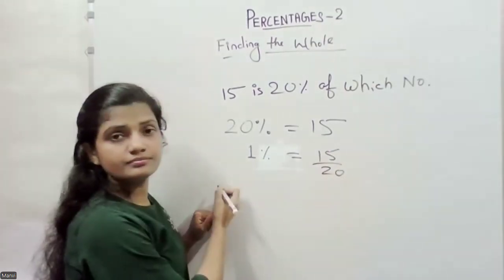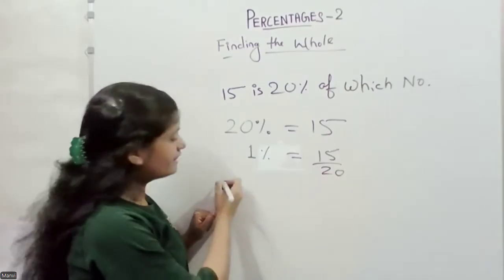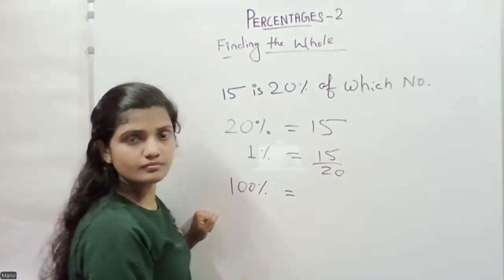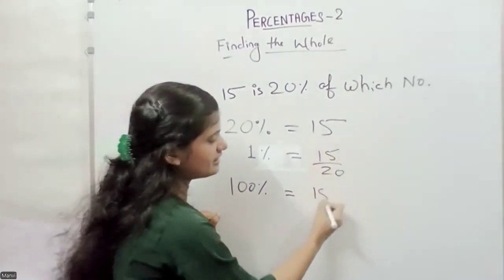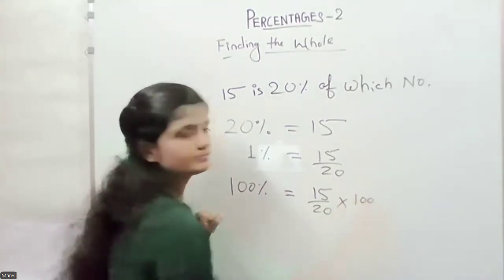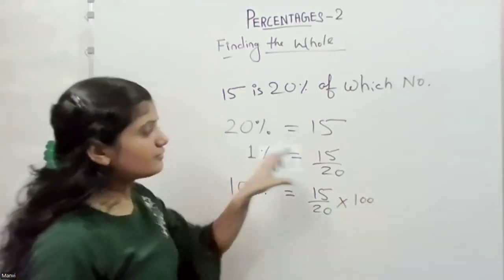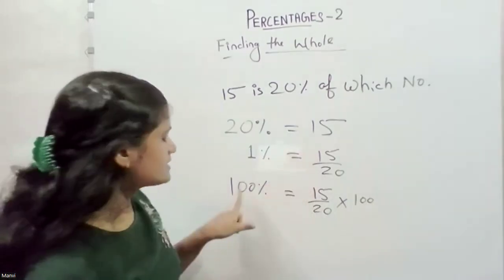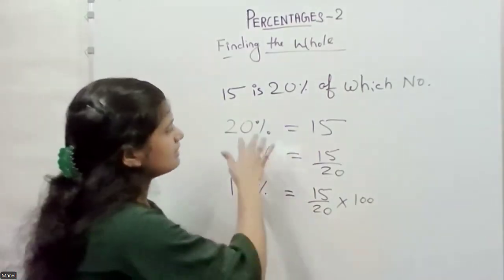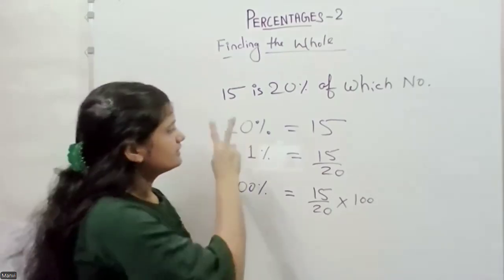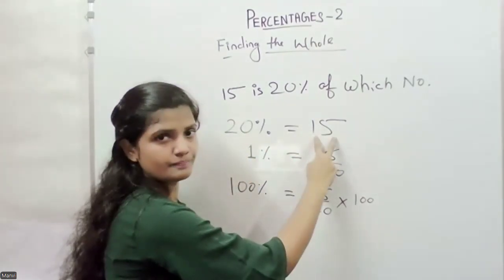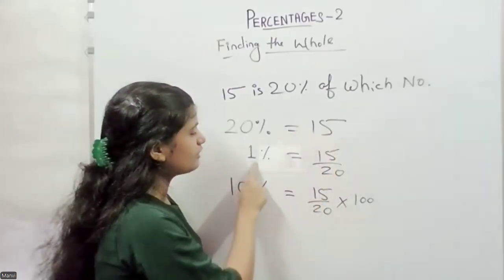Then we need to find out the value of 100%. 100% is equal to this 1% value, 15 by 20, times 100. Whatever 1% value we have, just times with 100. Please be careful. This 15 is the value of 20%. Then we are trying to find the value of 1%.